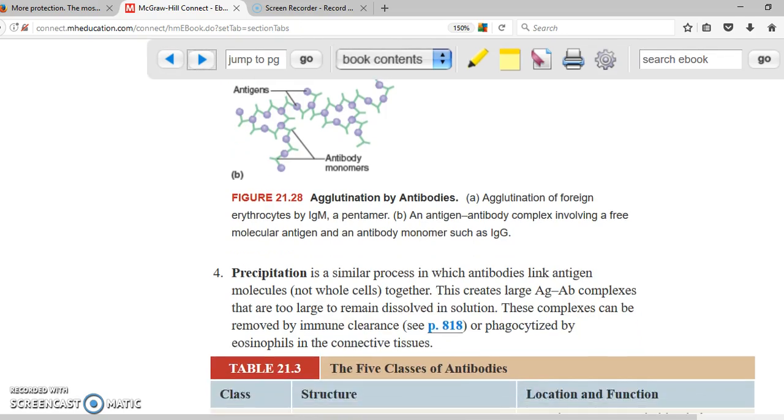So we have agglutination and precipitation as two similar processes. In both cases you have antibodies that have multiple binding sites, therefore they can bind to multiple different antigens. The main difference is that in the case of precipitation, when it binds to multiple different ones, they form large antigen-antibody complexes, therefore they cannot remain dissolved in the solution, and because of that they will precipitate.